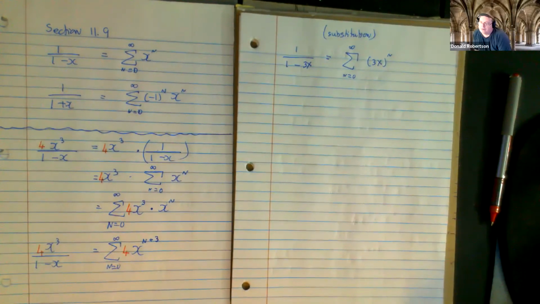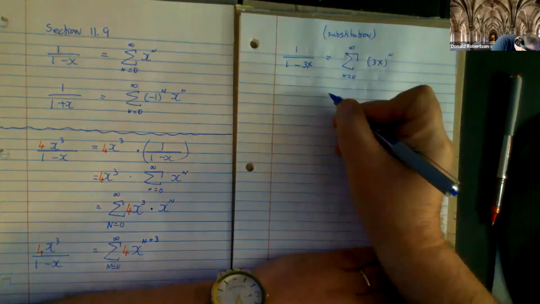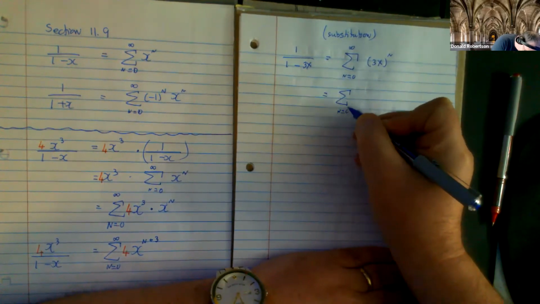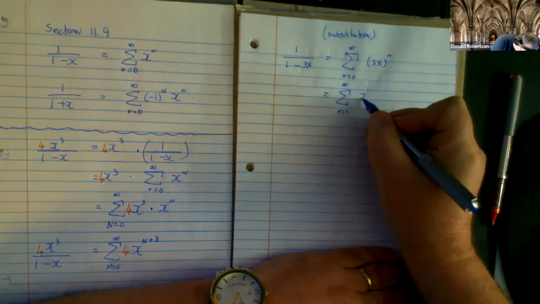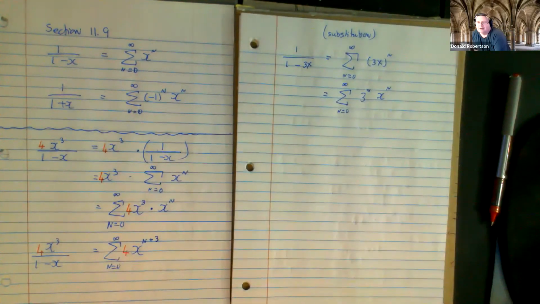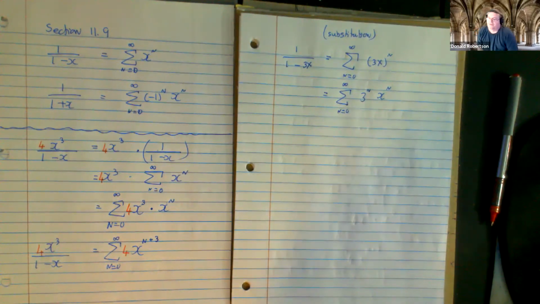Does that seem logical? And of course, we have a style point rule. And the major style point rule is the x's have to be in their own. Does that make sense as well? That 3x to the power of n can be written as 3 to the n times x to the n, right? Giving each one their own power of n, essentially.